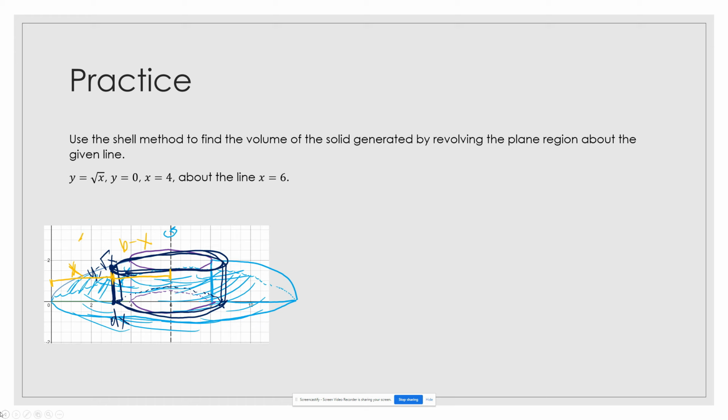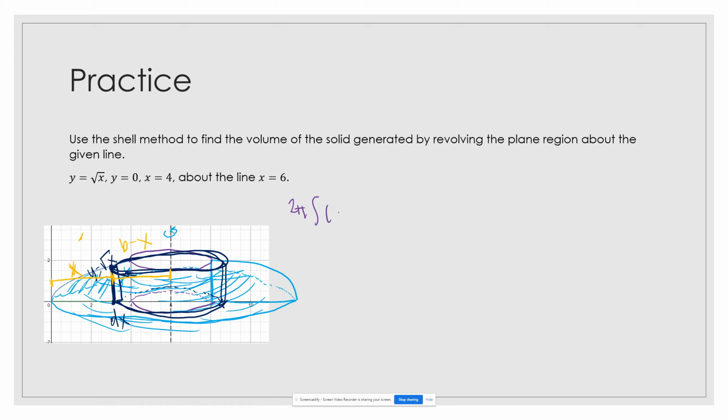So now we have enough information to set up this integral, and the integral is going to be, remember, you have to start with the circumference. My phone is blowing up right now, and so I had to throw it to the side.